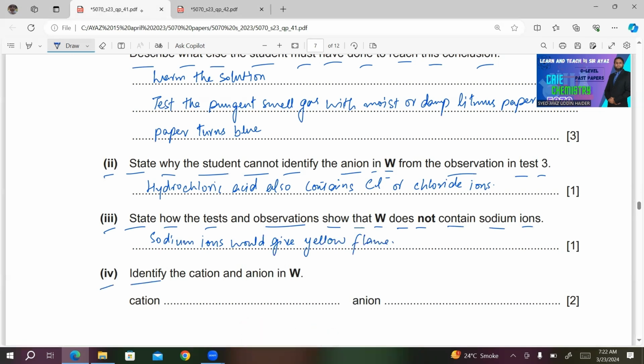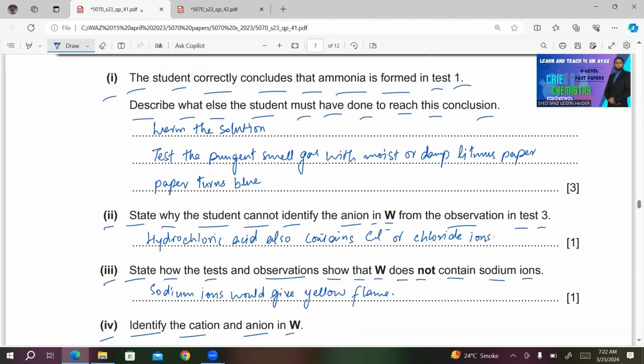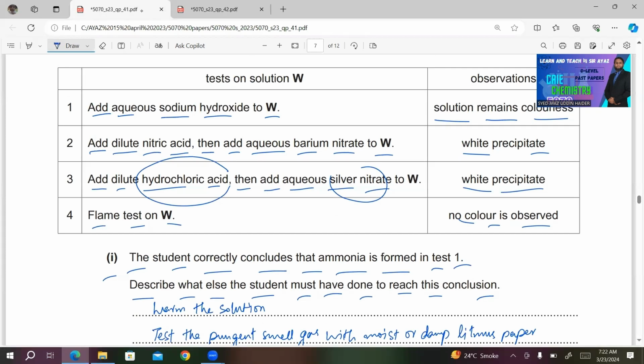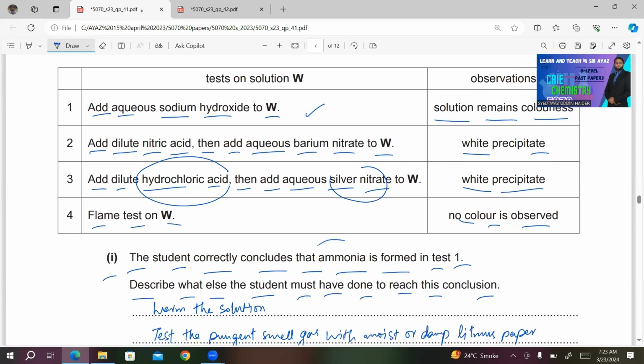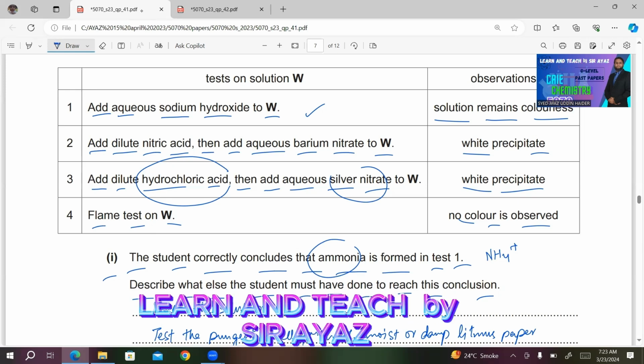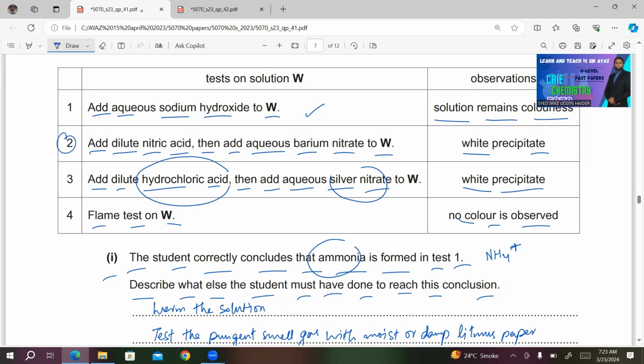Number 4, identify the cation and anion in W. Looking at the observations, number 1, it's indicating from this information that ammonia is produced, so it must contain NH4 ion, ammonium ion. What about the next ion? Number 2, when you are adding dilute nitric acid and aqueous barium nitrate, we are getting white precipitate.